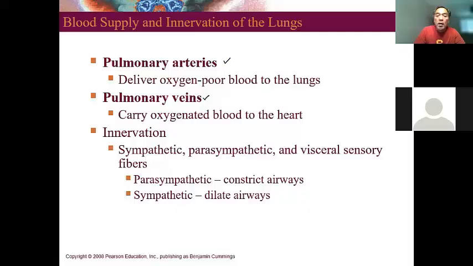And they're innervated by sympathetic and parasympathetic and some sensory fibers. The purpose of the parasympathetic is to constrict the airway, and the purpose of the sympathetic is to dilate the airway, okay? So that's the autonomic nervous system.